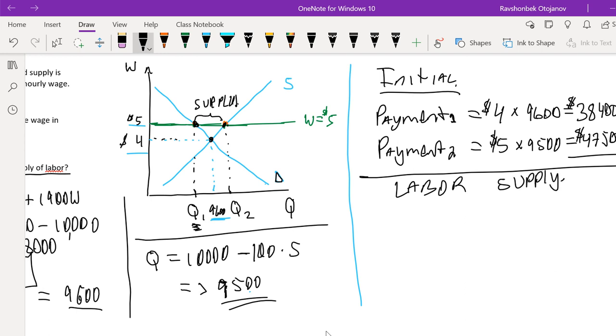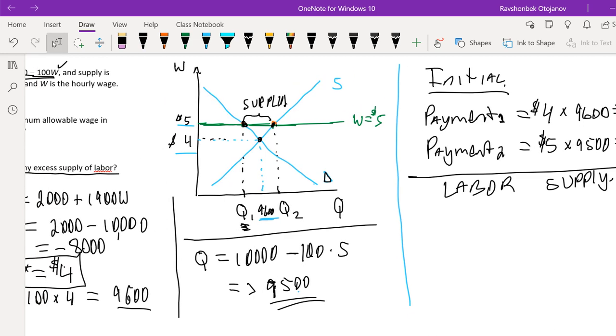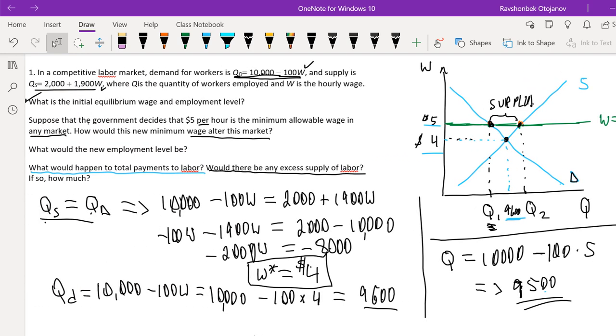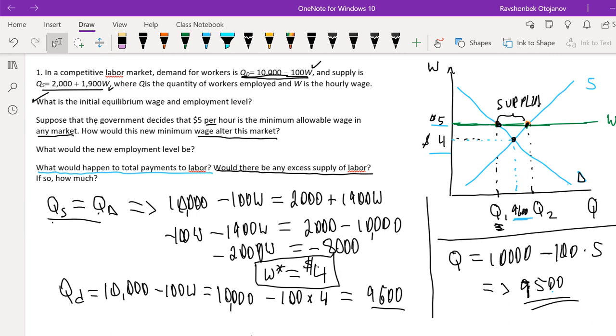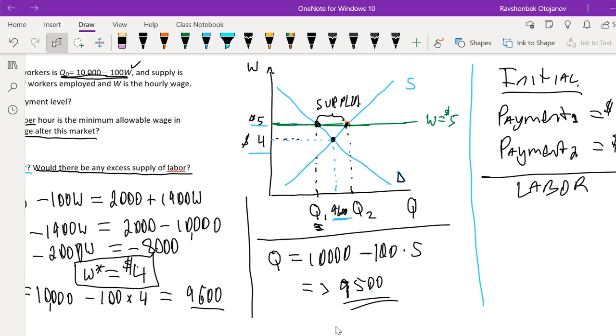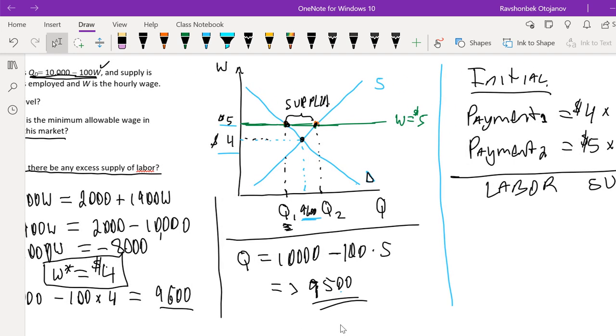We will use the demand and supply equations to calculate excess labor or shortage. We'll see. It is excess, the surplus of labor. Now we'll use the demand line and supply line and plug $5 in each of them. From the previous calculation, we know the demand, or employment level, is 9,500.